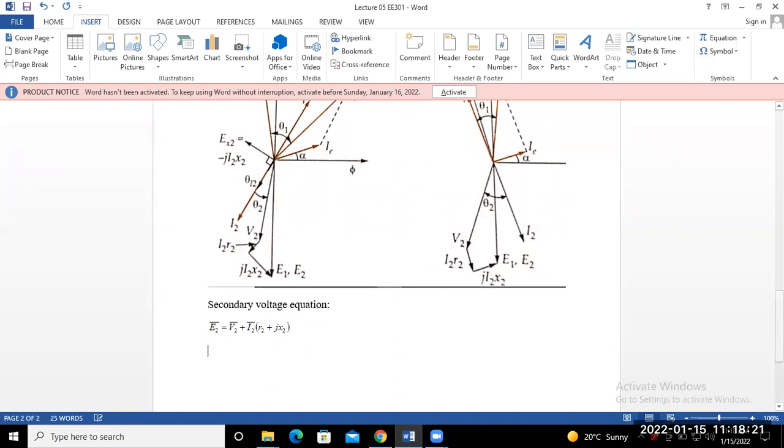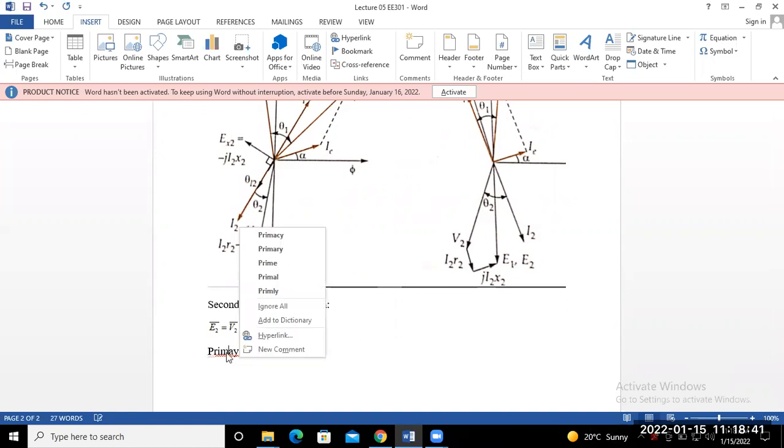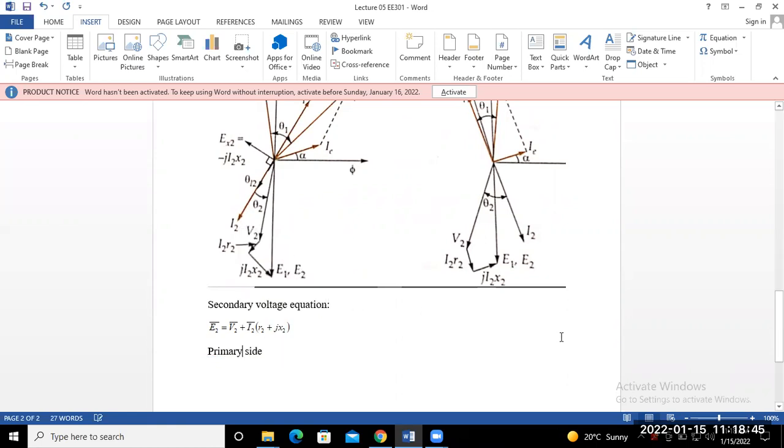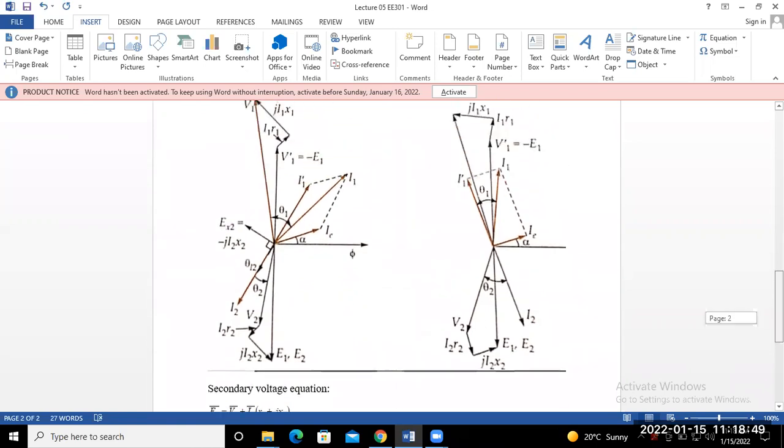Similarly, the primary side. What is the primary side voltage equation? Just tell me from the phasor diagram, similar to the secondary side.